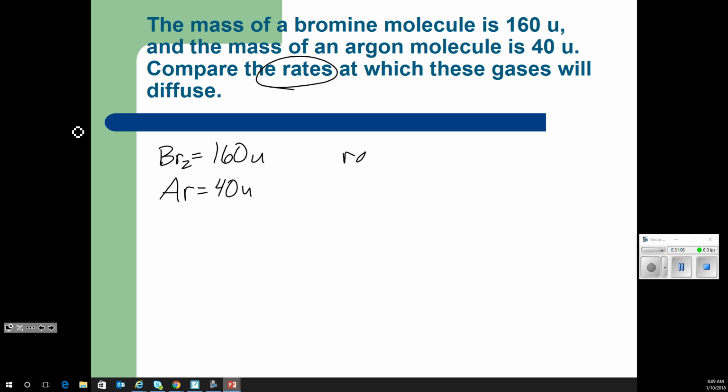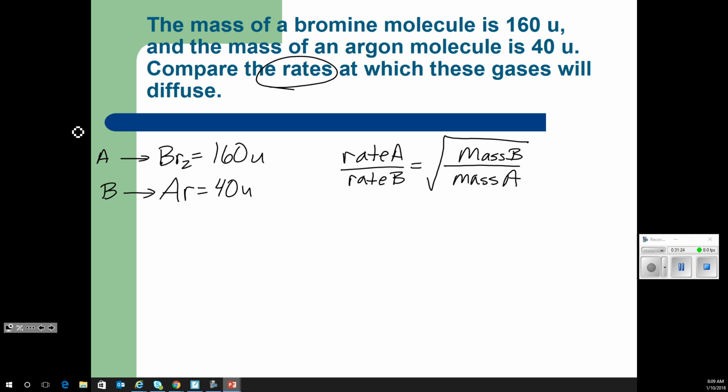So rate A divided by rate B equals the square root of the mass of B divided by the mass of A. So the mass, we usually call these A, the first one they talk to, and the second one would be B. Okay?